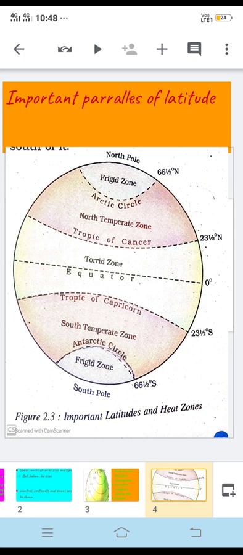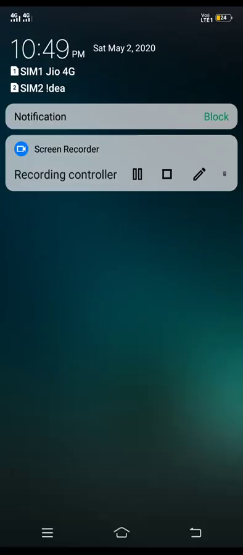Because here the sun doesn't rise much above the horizon, so the rays are always slanting and provide less heat. That's why this area becomes a frigid zone, very cold, where water freezes.